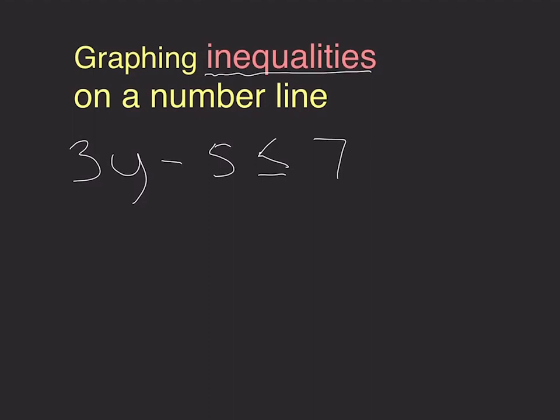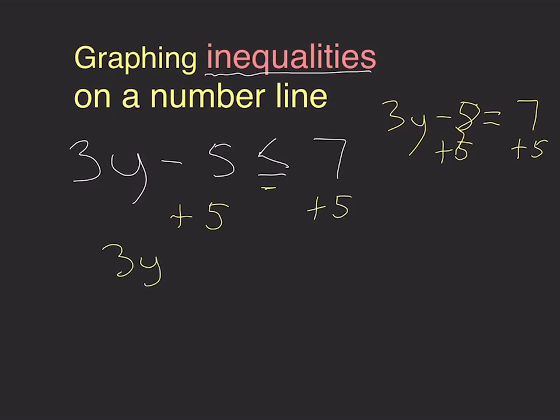Now I'm going to combine the methods of adding or subtracting on both sides of the sign and then dividing. If this were an equation with an equal sign, how would we have solved that? You would have added 5 to both sides. Well, we can do that here. I'll add a 5 to this side of the less than or equal sign, and then I will add a 5 over here.